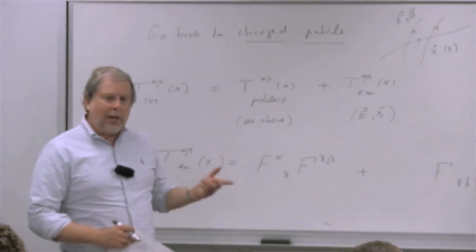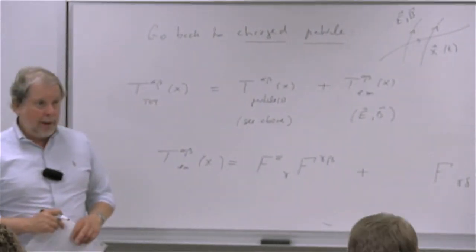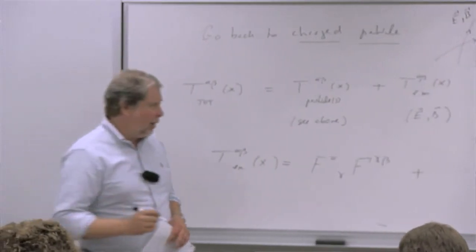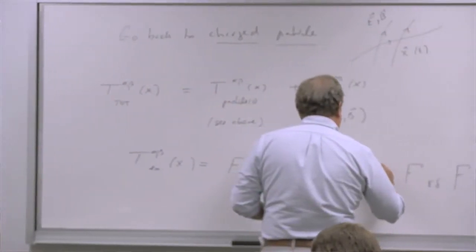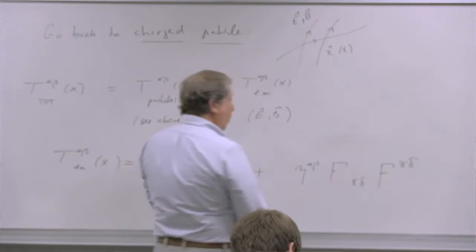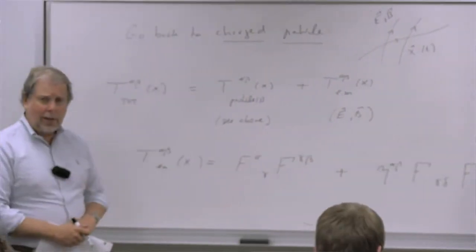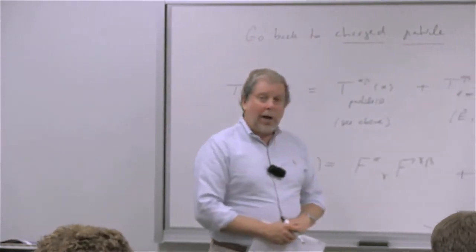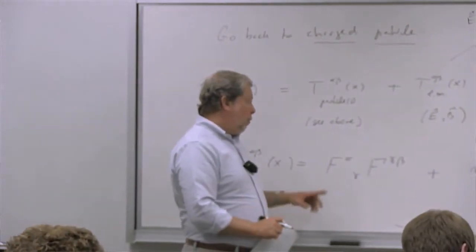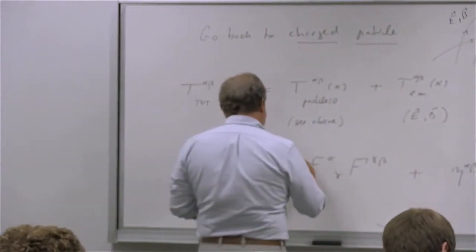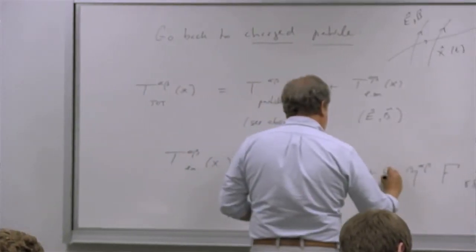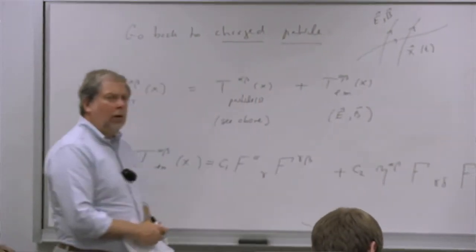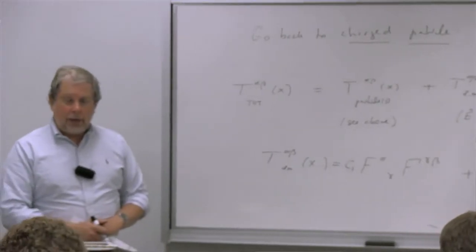So how do you make this into a two-index object, which is manifestly symmetric under the interchange? You add an eta alpha beta, which you remember is a tensor and has all the right properties. You can do that as well, and so you can have both. Now what you do is you write this as C1 times that plus C2 times this, because you don't know the mixture of the two things.